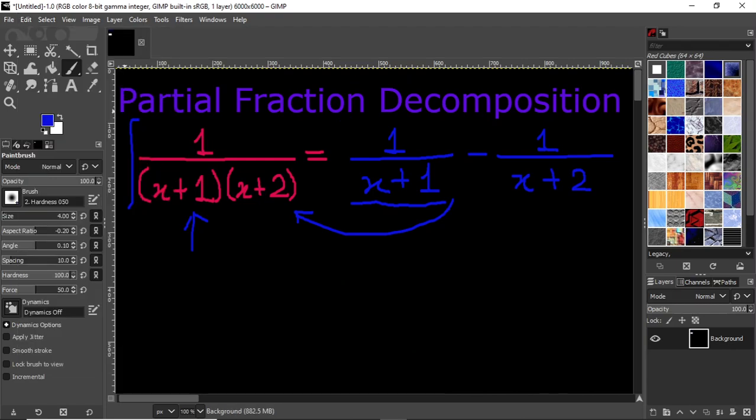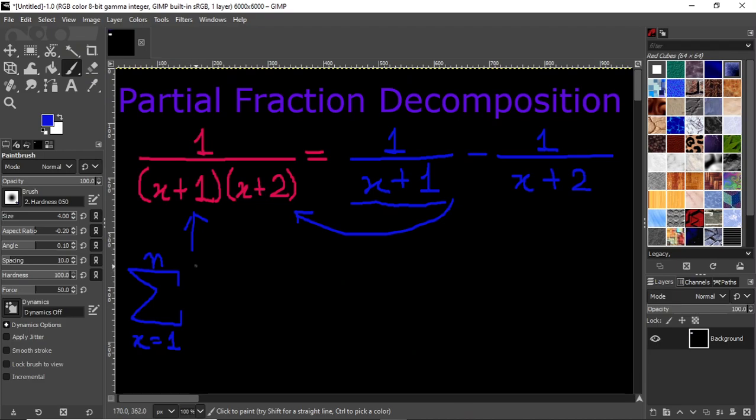And also one more interesting thing is, suppose you want to take the sum of this fraction from x equals 1 to n.